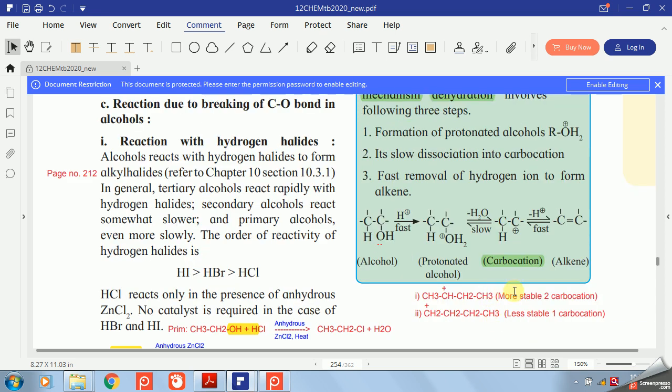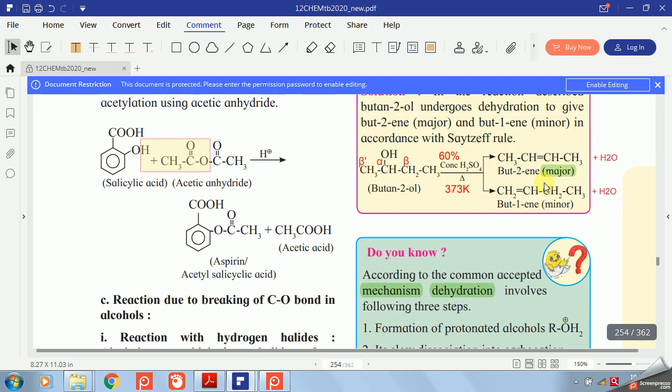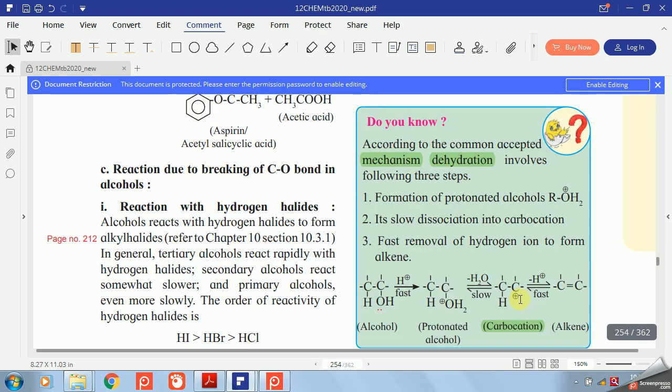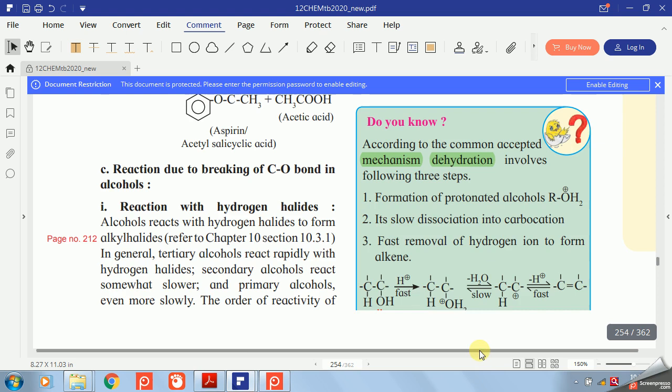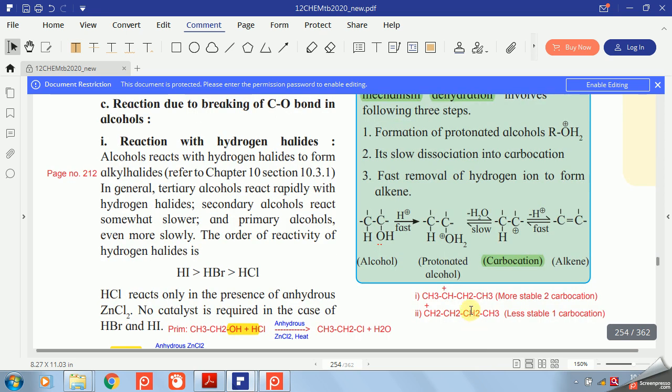So now in case of your previous answer, but-2-ene and but-1-ene, if you observe the carbocation, when you obtain the major product but-2-ene, the intermediate carbocation is this one. The second carbon contains the positive charge and it is a secondary carbon atom, so it is a more stable secondary carbocation.